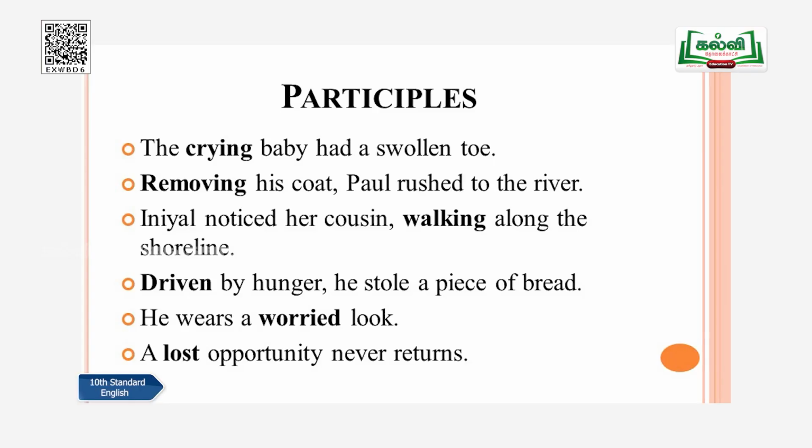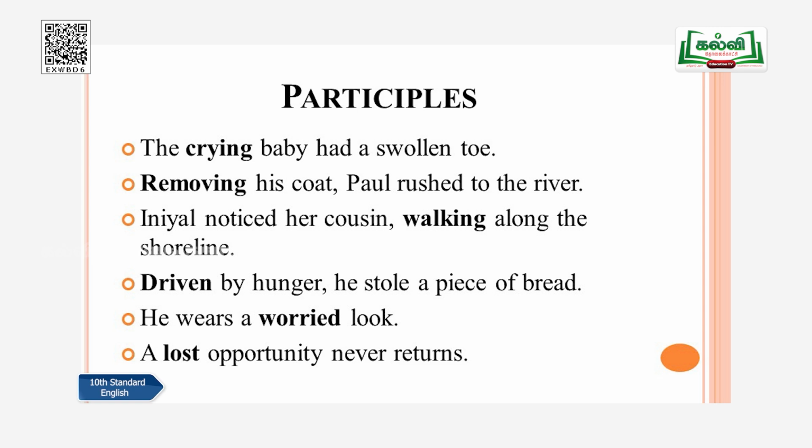Now, look at these sentences, children, and pay more attention to the verbs that are in bold. The first sentence, the crying baby had a swollen toe. Second sentence, removing his coat, Paul rushed to the river. Third sentence, Iniyal noticed her cousin walking along the shoreline.